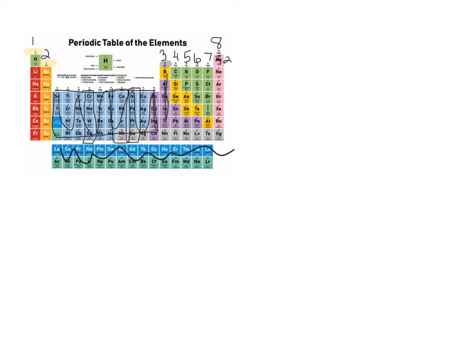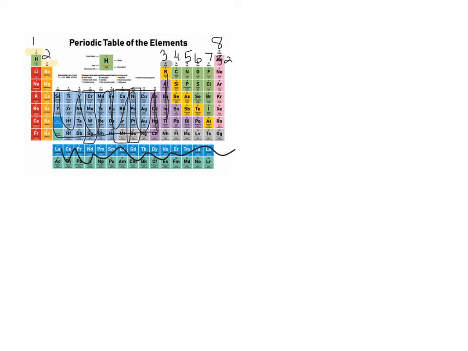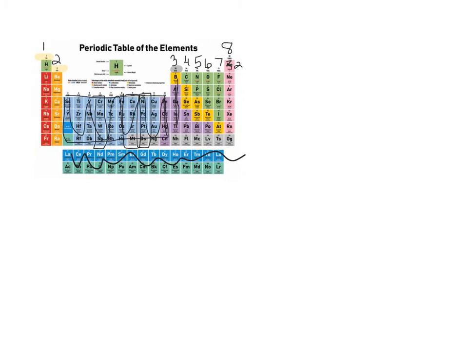Let's start with a group 1 element, and let's maybe look at lithium right here. Lithium has an atomic symbol, Li.